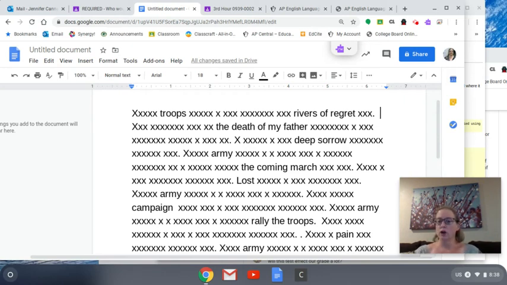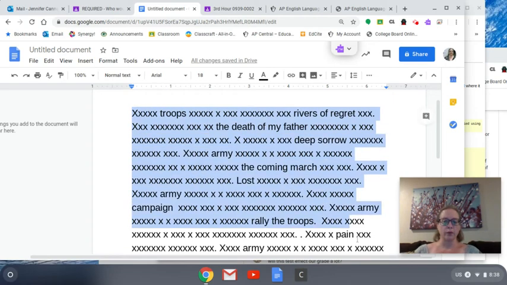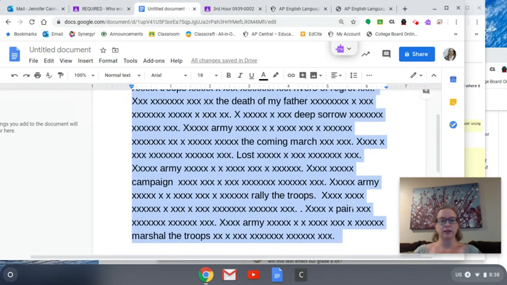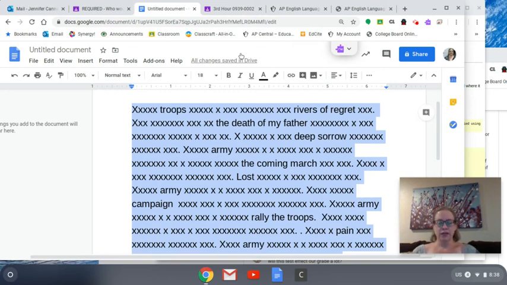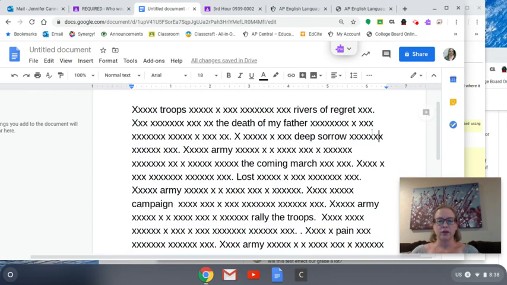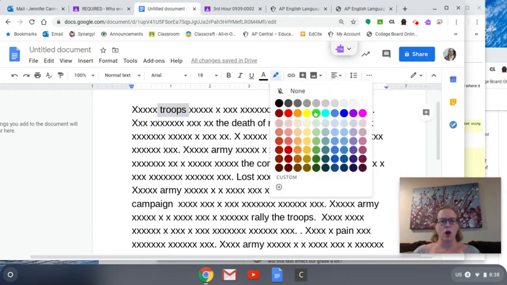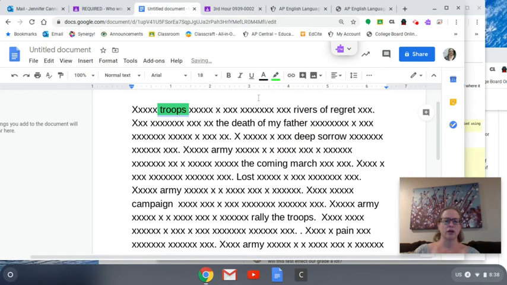Now, let's start by talking about what the goal is. If this were a reading, see my screen? All those X's are words. If this is a reading, then my goal as the student is to read it and identify where there are patterns. So maybe I look at this and go, oh my gosh, troops, that's a very strong word to be using considering we're not talking about an army.